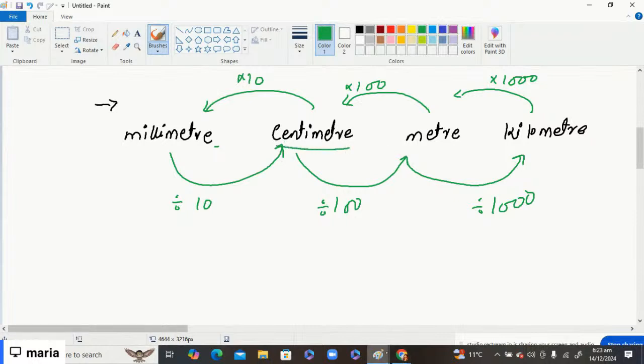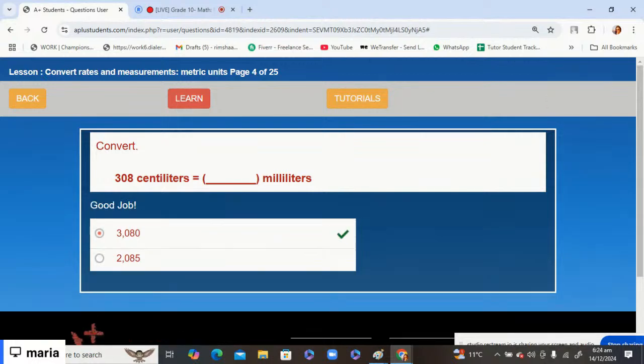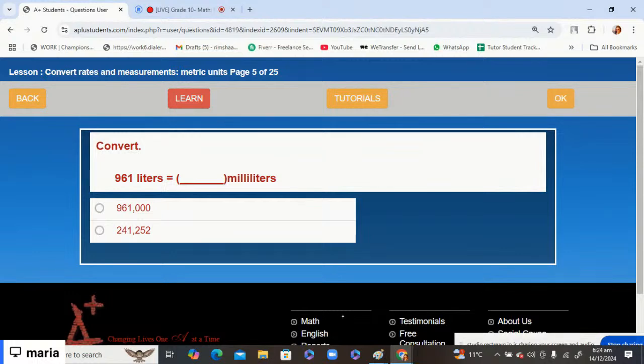Okay, centiliter to milliliter. Centiliter is the bigger, milliliter is the smaller. So bigger to smaller, multiplying with 10. Now liter to milliliter. Liter is a bigger unit, milliliter is smaller. Bigger to smaller, you are going to multiply. So multiply with 1000 with it.